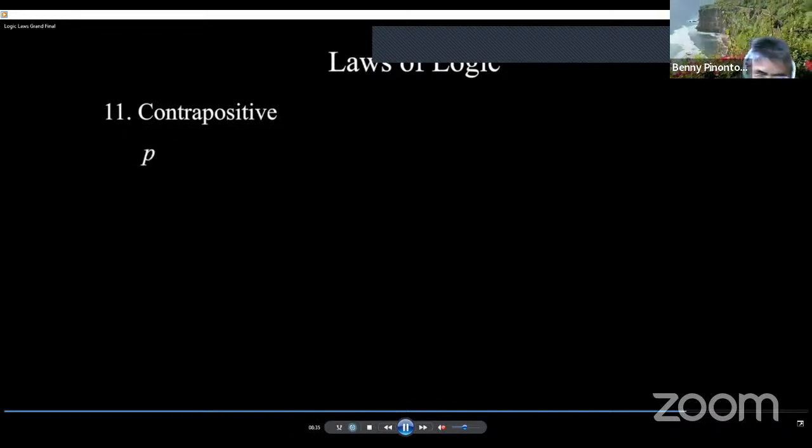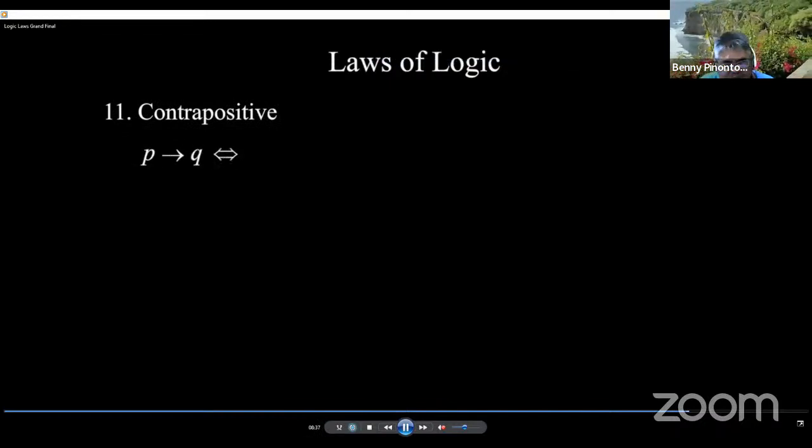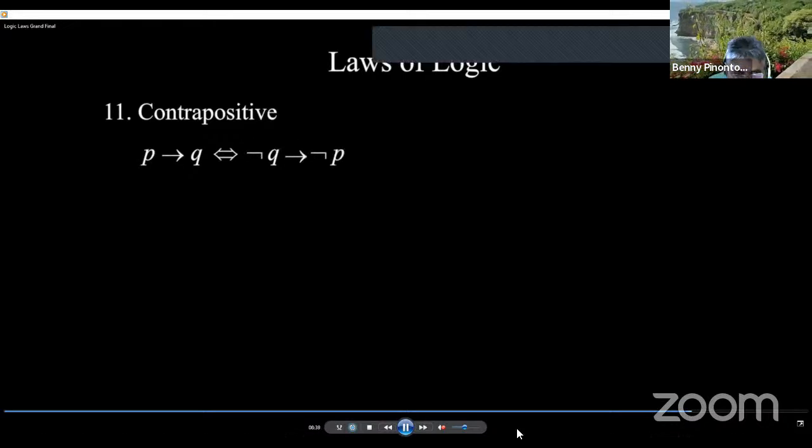Now contraposition. That is for implication.